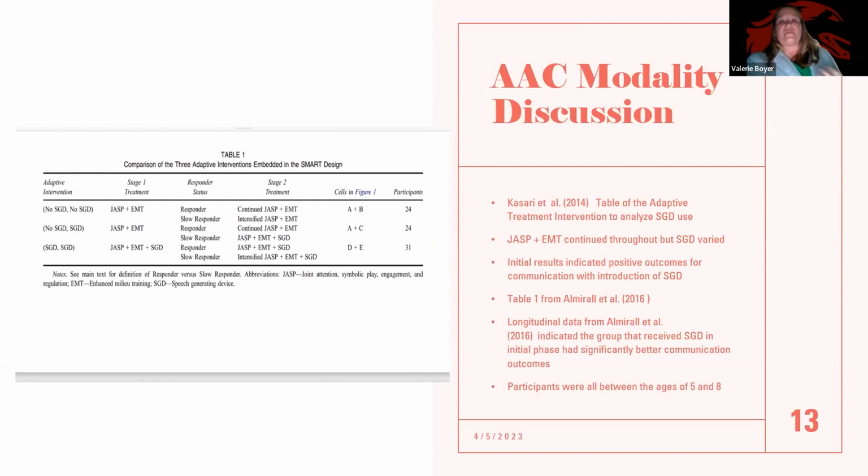And all of this was with kids who were between the ages of 5 and 8. But the idea here was that introducing a speech generating device earlier in the intervention process had some long-term benefits for the participants. Next slide, please.